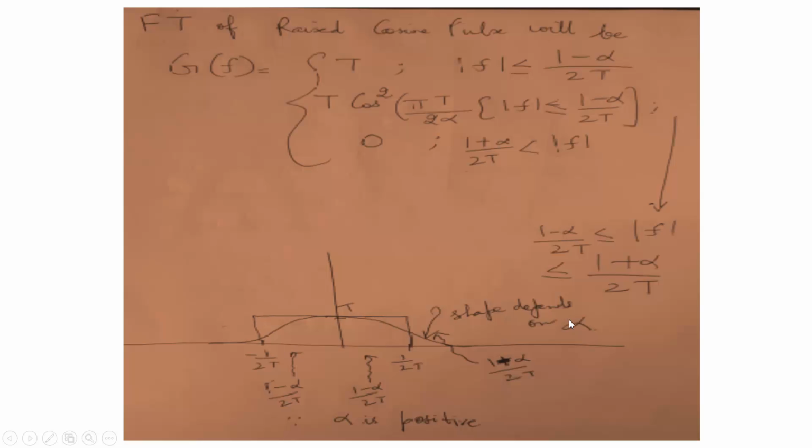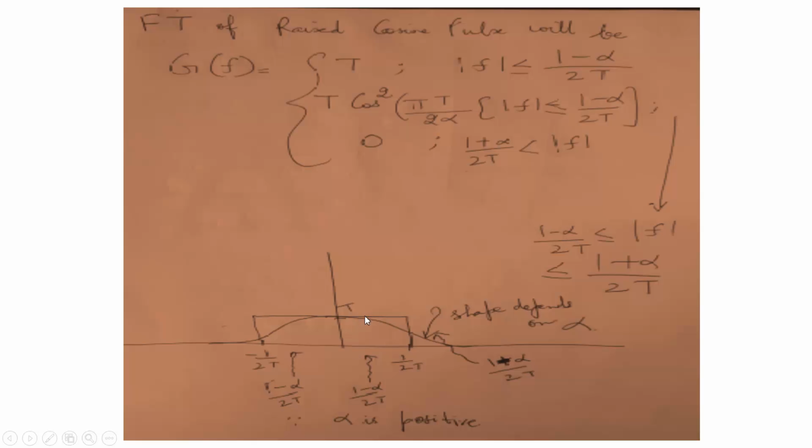Beyond 1/2T it extends up to (1+α)/2T. So this waveform will extend beyond 1/2T on the positive side and beyond −1/2T on the negative side, and will go up to (1+α)/2T. Beyond (1+α)/2T on the positive and negative sides, it will be 0. That's what this expression is saying.